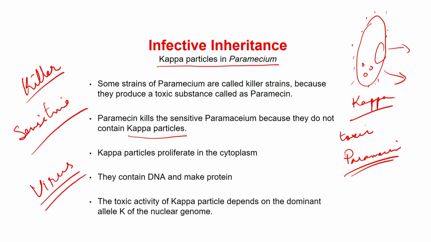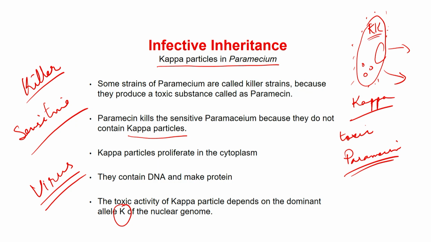Now, however, the important thing over here is that the toxic nature of these kappa particles, or the paramecin, depends upon a dominant allele K of the nuclear DNA.